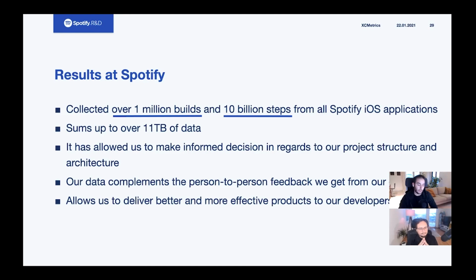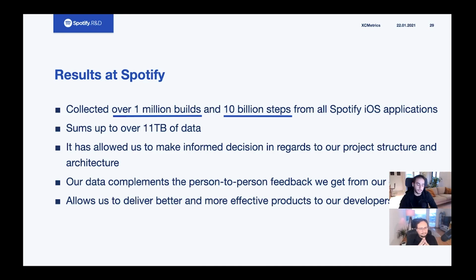It's definitely a lot of data, but it has allowed us to make informed decisions in regards to our project structure and architecture. Even going forward, we know that if we make one change, we can rely on XCMetrics to make sure that this change does the improvements that we expect it to do. And of course, we didn't remove the person-to-person feedback.